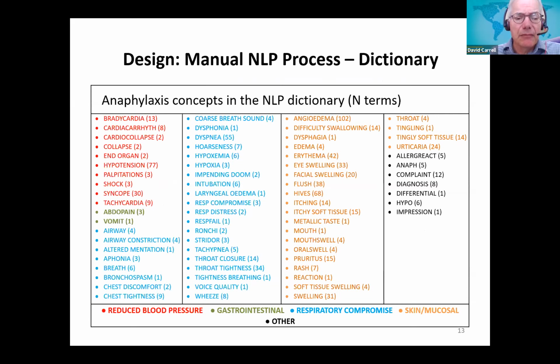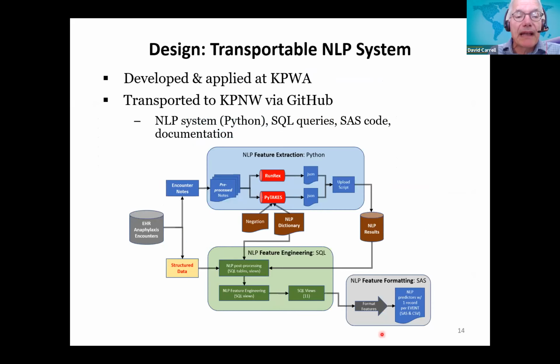And we operationalized indicators for almost all of these concepts. We packaged this all into an NLP system, put it up on GitHub, and so we could apply the exact same NLP system in Kaiser Washington, where we developed this model, and then in our external validation set at Kaiser Northwest, where we got some external validation results.